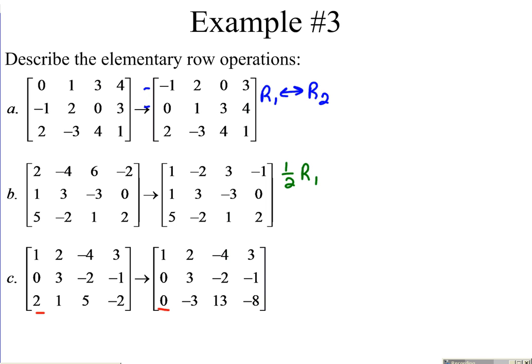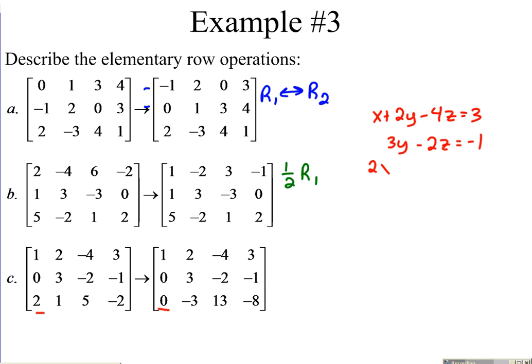Let's take this first matrix here on the left in part C. Remember, row 1 represents x plus 2y minus 4z equals 3. Row 2 is 3y minus 2z equals -1.